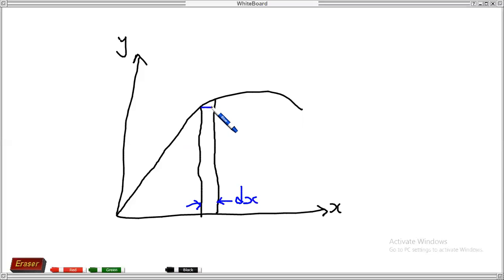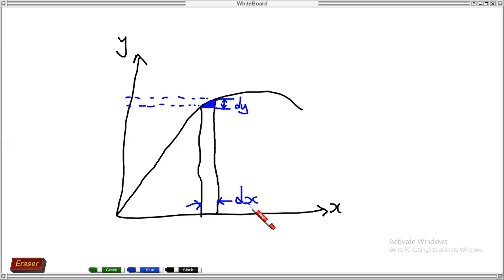Okay, now there's a small portion at the top here that looks like a triangle. This small portion has a length of dx. In terms of the height, it is coming from here to here, a small portion coming from this side. So the height here will be dy, isn't it?